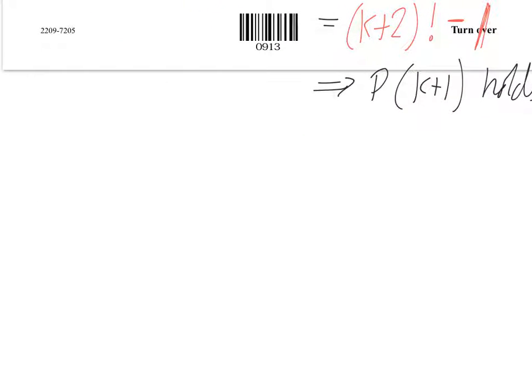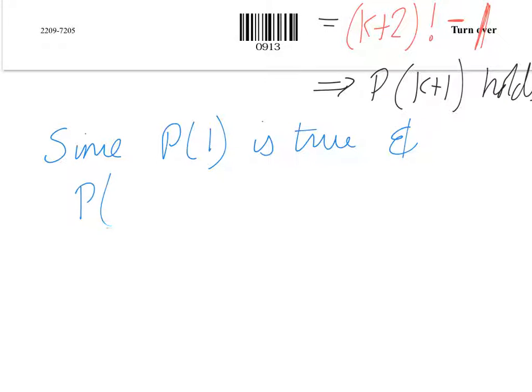So now that we've shown all the key things, we've shown that P of 1 is true, and P of k implies P of k plus 1.